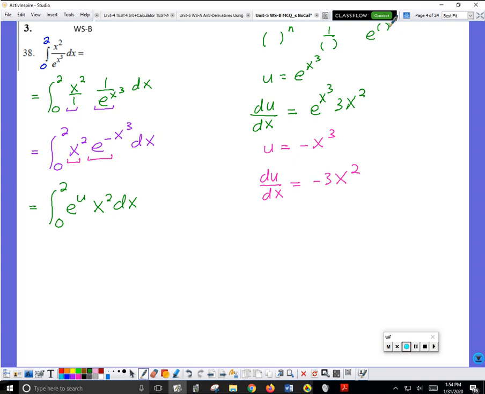Now, if there isn't another multiplying function, then the other multiplying function will be a constant, and the derivative of your u will be a constant. If the constant is 2, then we'd want this derivative to be 2. Or any constant works.